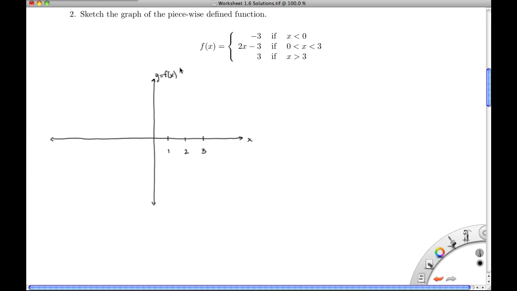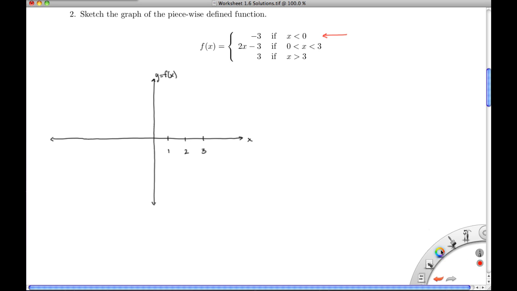So let's take a look at our pieces here. Let's start with the first one. When x is less than 0, our function has a value of -3. Notice that that's not influenced at all by x. It's always going to be -3. So we have a constant function over this part of our domain.